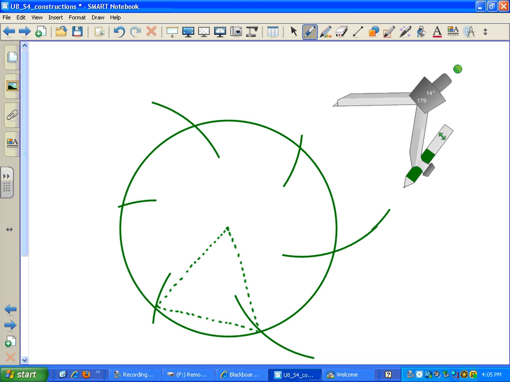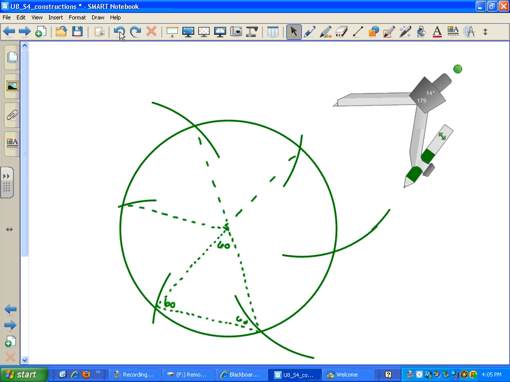Since I've constructed an equilateral triangle, I know all the angle measures are 60 degrees. And if I keep going around my circle, how many 60 degrees make up 360? 360 divided by 60 is 6. So it makes sense that the radius of a circle divides its circle into 6 equal arcs.